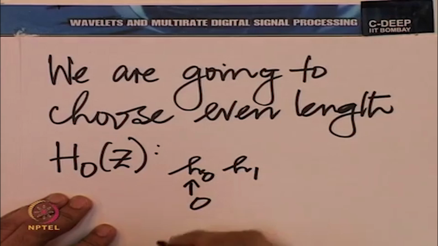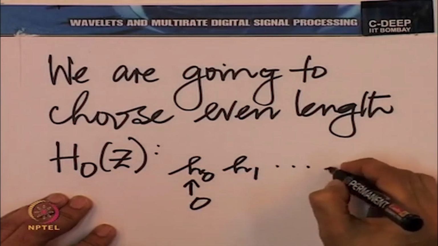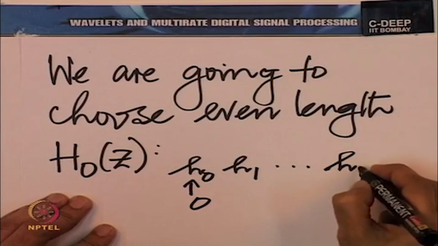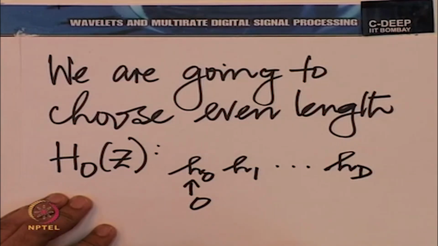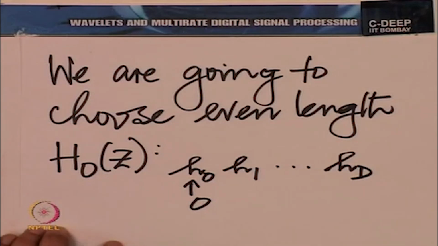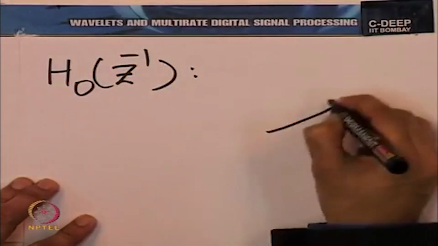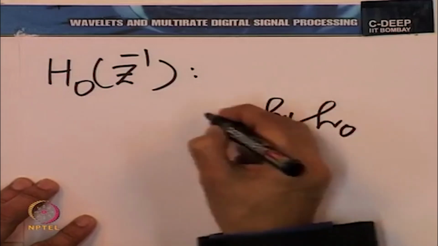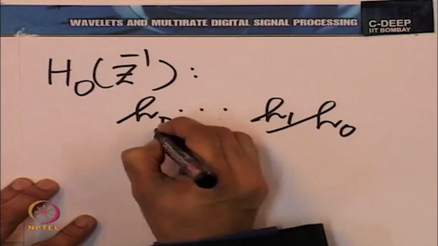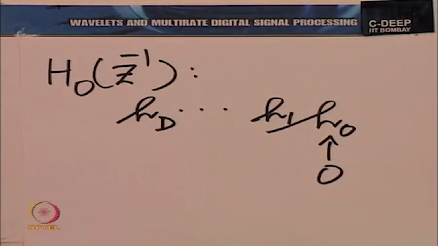H0 lies at 0 up to Hd. Remember, d was odd. And therefore, H0(z inverse) would then correspond to the following. Quite clear. When you replace z by z inverse, you are essentially reflecting the sequence about the point n equal to 0. Simple.